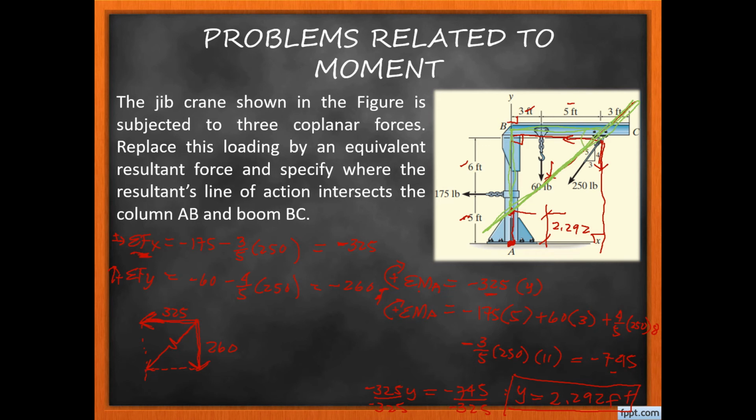So siguro kukunin muna natin itong angle nito, itong theta nito. So using tangent theta is equals to the opposite over the adjacent. Ang opposite natin is 260 over the adjacent natin is 325.